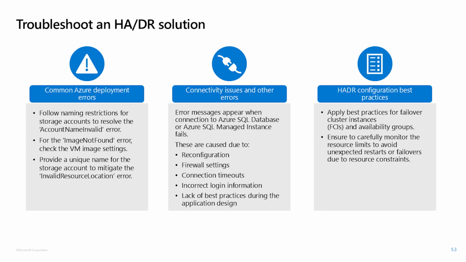For example, if your connections to Azure SQL Database or managed instance fail, look at misconfigurations in your firewall rules or network security groups. And finally, know the DR and high availability configuration best practices like the ones that you see here. For example, monitoring resource limits, as low CPU or memory can cause unexpected failures. These are all important points for troubleshooting.